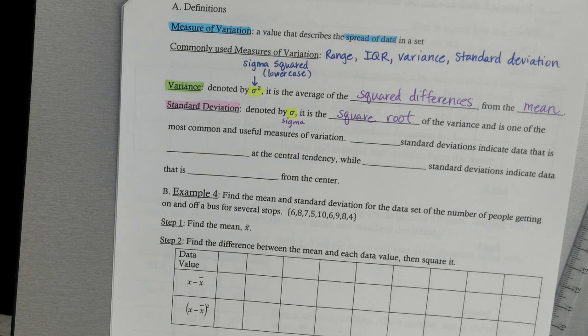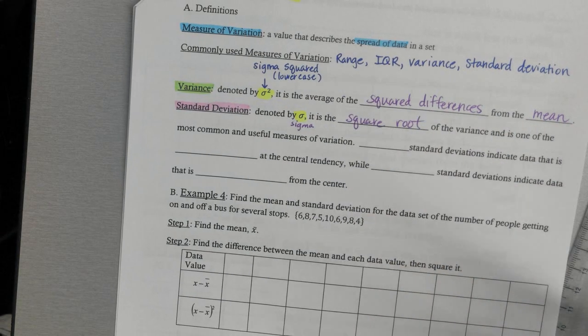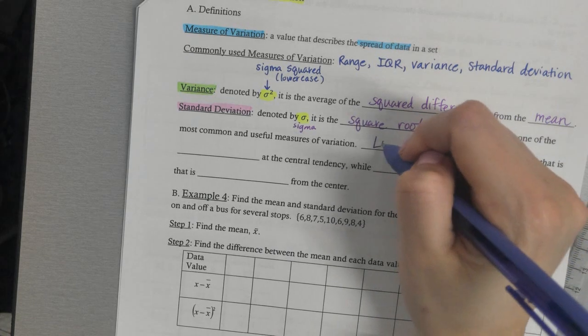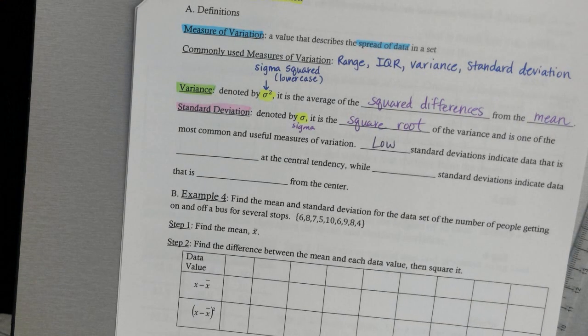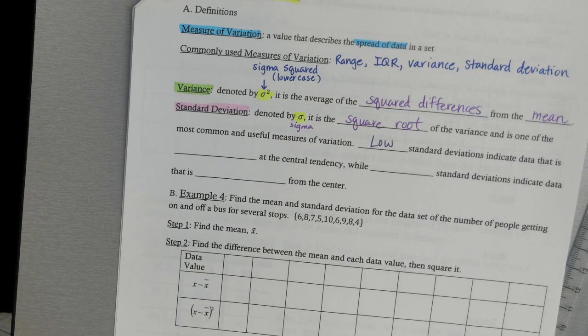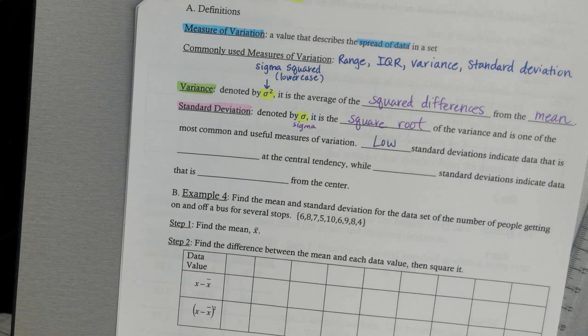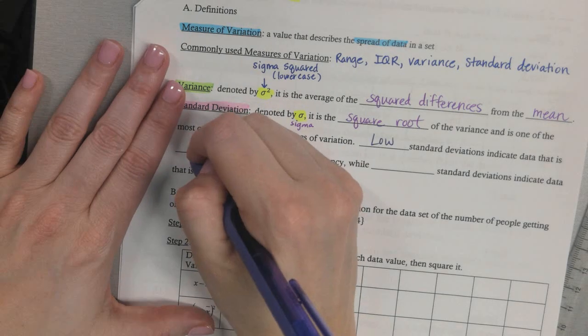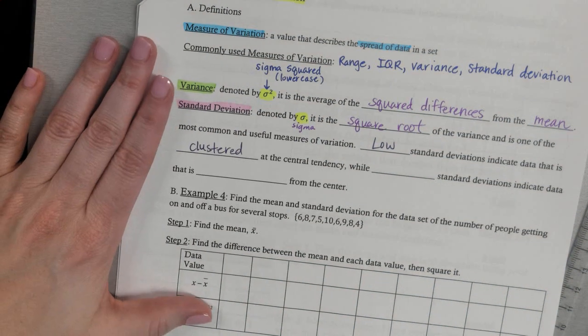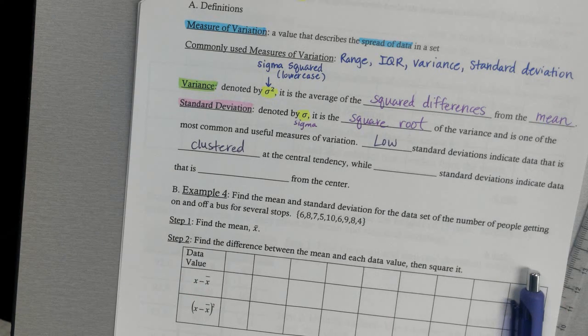Okay, if there's a low standard deviation, that tells you that the data is close together. So the official definition is that it is clustered at the central tendency.